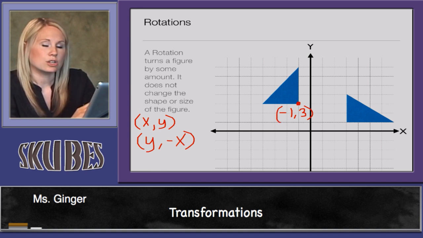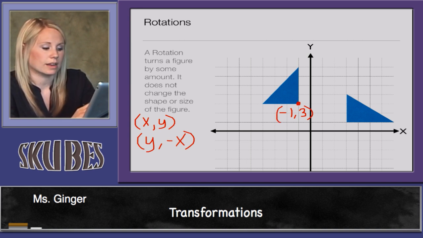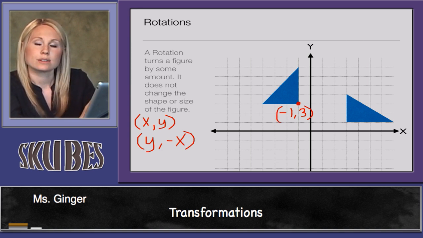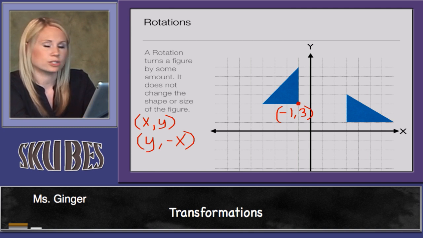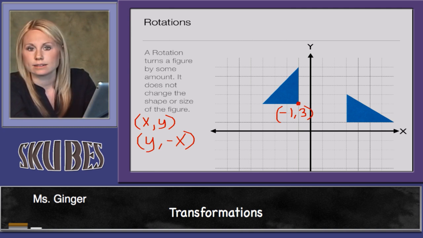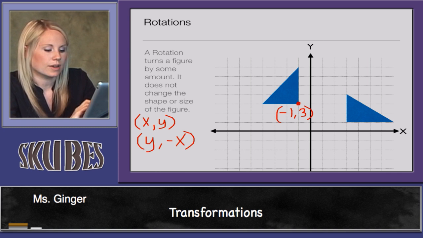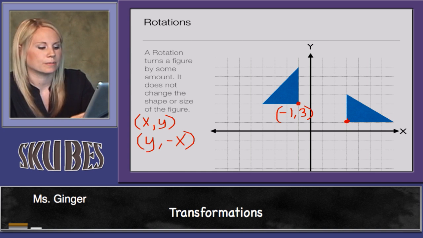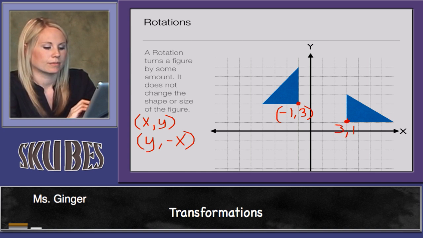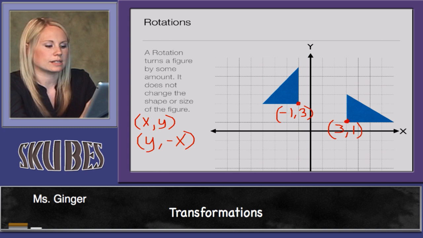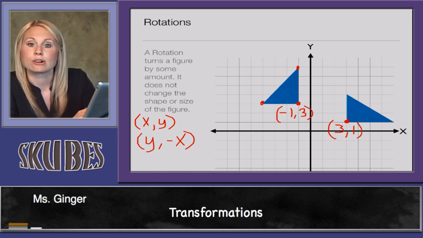So its new image location should be at (3, 1) if we perform this change, (y, -x). Okay, so let's find that point over here at (3, 1). That is its matching image coordinate over there. And if we took all these vertices on the pre-image, we would find that they do have a match over here on the image.